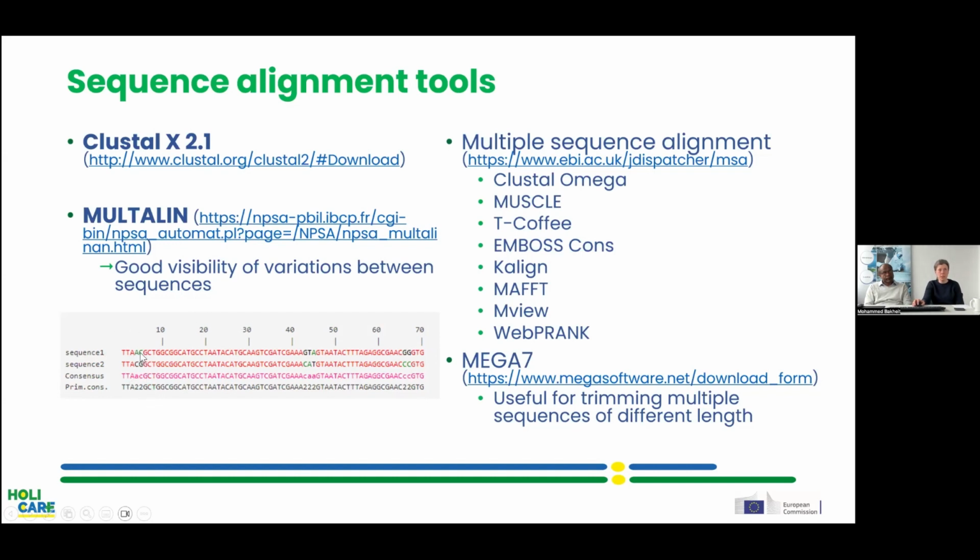Here there are mutations between these two sequences and also here, and they are coded with a different color, so they're really easily visible. We like to use it, for example, for documentation of our LAMP primer design. There are also other tools that you can use for preparing alignments, which we have shown here.